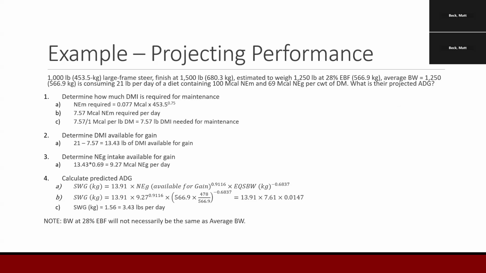All right. Final step, we take 13.91 times the NEG that's available for gain to the 0.9116 power, times equivalent shrunk body weight to the negative 0.6837. Okay, that tells us shrunk weight gain.